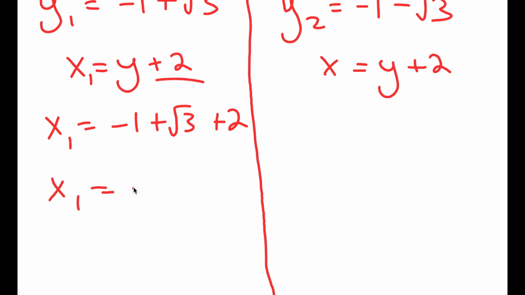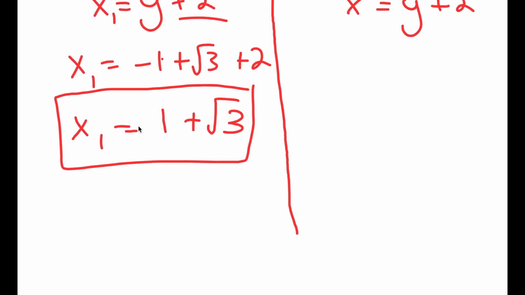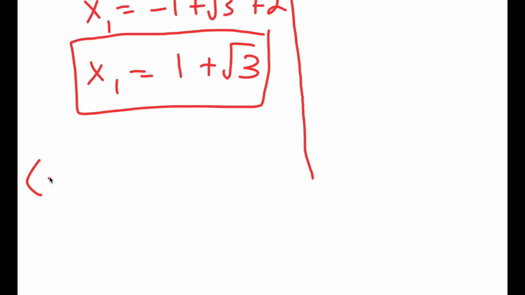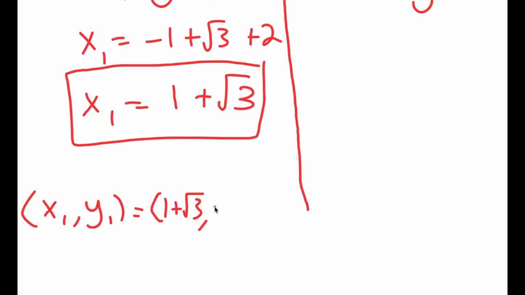So this means that x of 1 is equal to 2 minus 1 is 1, so 1 plus the square root of 3. So this is the value of x of 1. So my full solution is going to be x of 1 comma y of 1, which is 1 plus the square root of 3 comma negative 1 plus the square root of 3. So this is one solution to the system of equations.